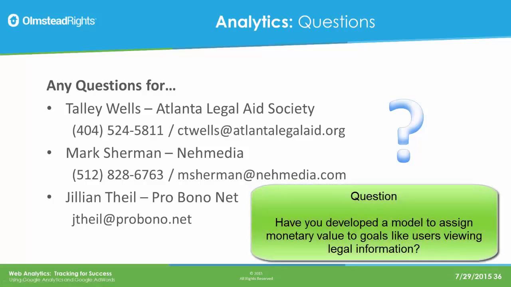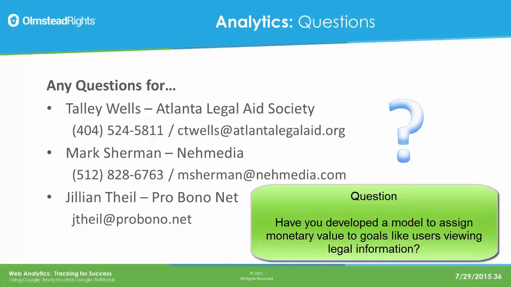And then I see Dave has a question in terms of developing a model to assign monetary value to goals. That's a great question. We have not. I mean, we've just started working with Olmstead Rights on that, but that's a natural progression of where you go.